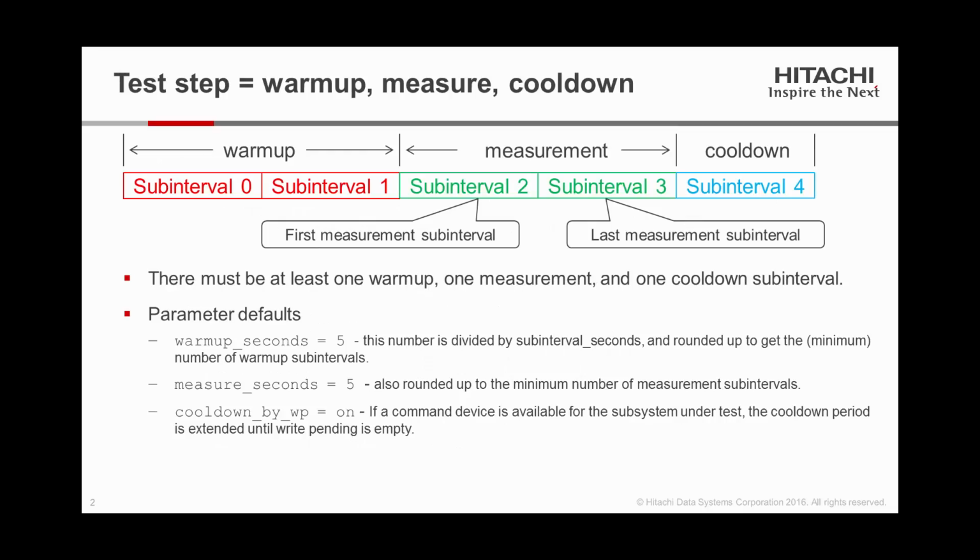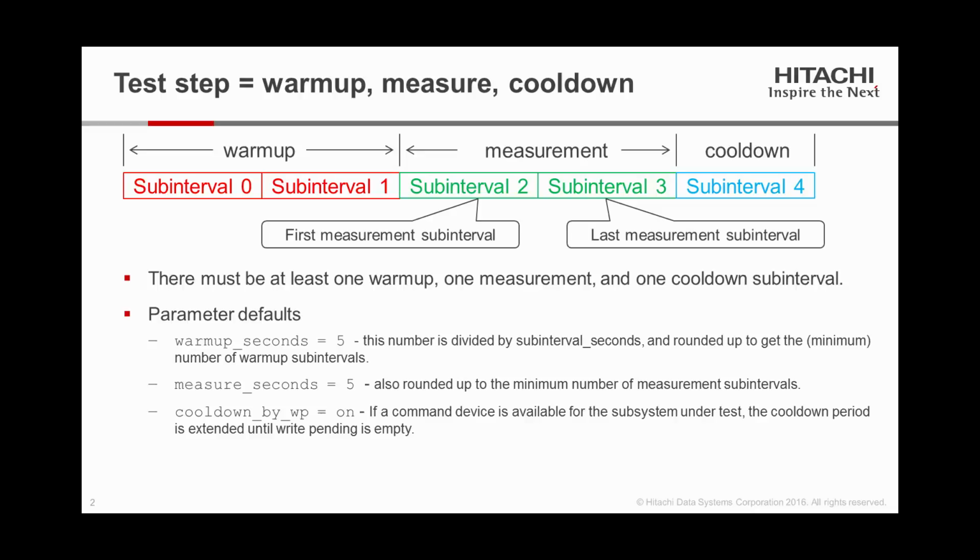A test step, a subinterval sequence, is judged to be either a success or a failure. And if you do not use the measure equals on feature, then the number of warm-up subintervals and the number of measurement subintervals will be computed from the warm-up seconds parameter and from the measure seconds parameter.